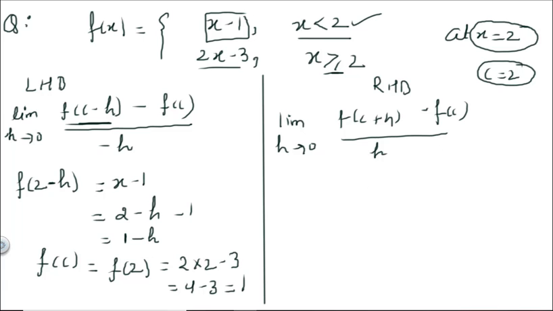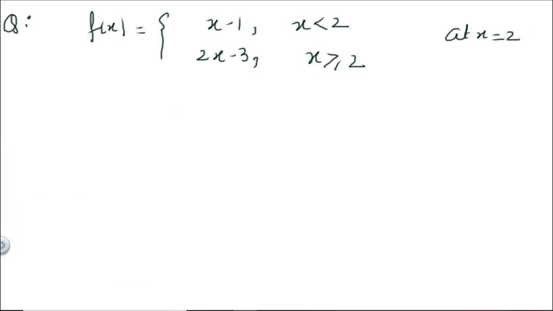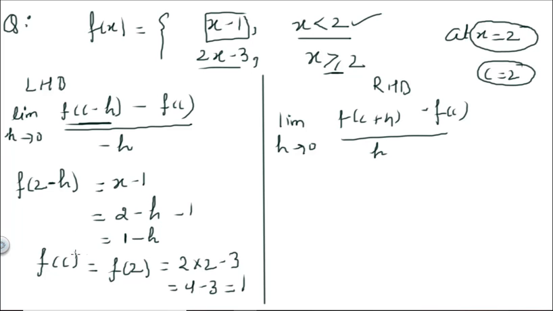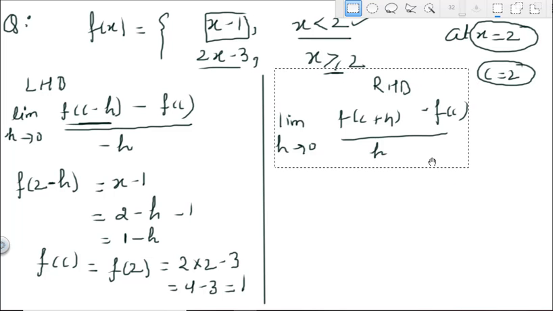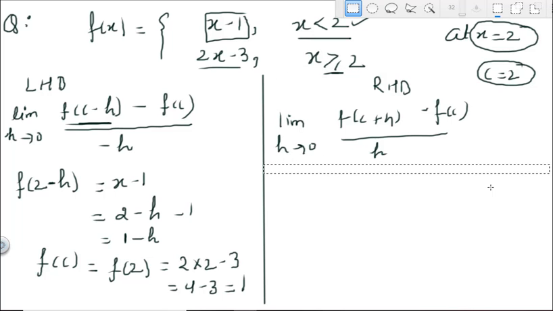Now let us take the next sheet to write. What we are going to do is place the values in these formulas, or we can solve the RHD on another part, and let us first solve our LHD only. Okay, we'll do this later on.